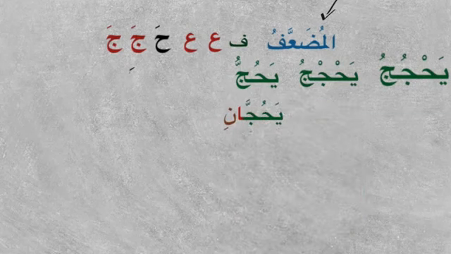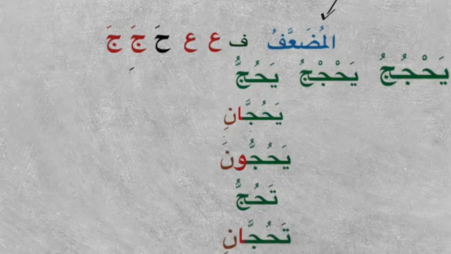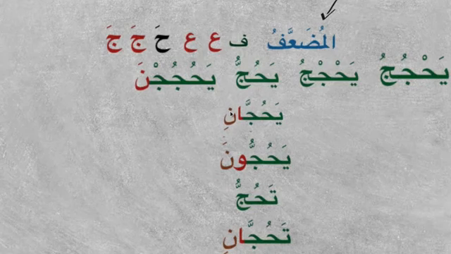Yahujjani, yahujjuna, tahujju, tahujjani, tahujjina. So again, in mudari', how many mutaharrik pronouns do we have? We know it is only hunna and antunna.